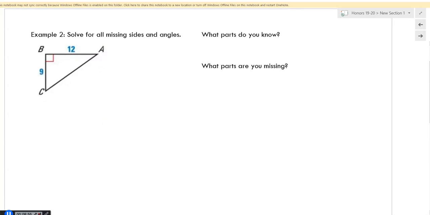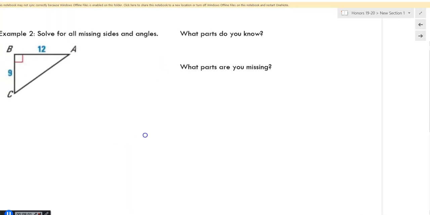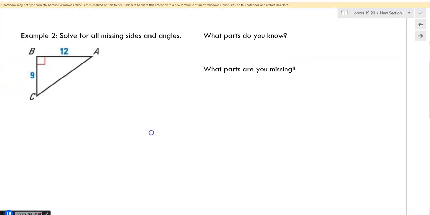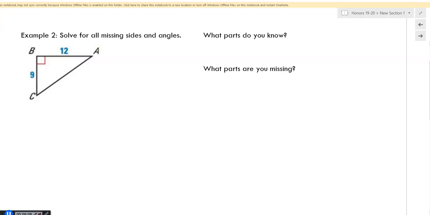Okay, example 2, solve for all missing sides and angles. Okay. So again, what parts do we know? Well, I know AB is 12. And that's a side, obviously. And I know side BC equals 9, which is another side.